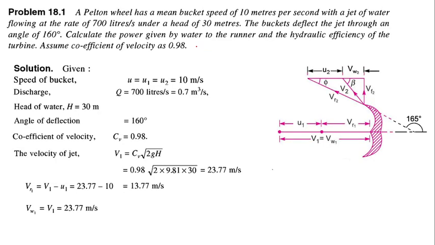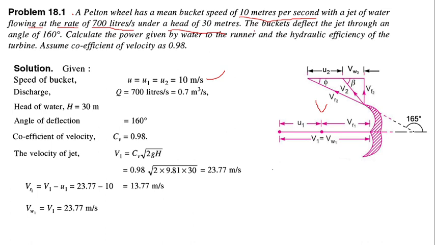If you see the questions, and you can extract the data and remember the formula and velocity triangle, it will be easy for you. The Pelton wheel has a bucket speed of 10 meter per second, and a jet of water flowing at the rate of 700 liter per second, which is Q. They will also mention the head of 30 meters, H is equal to 30.